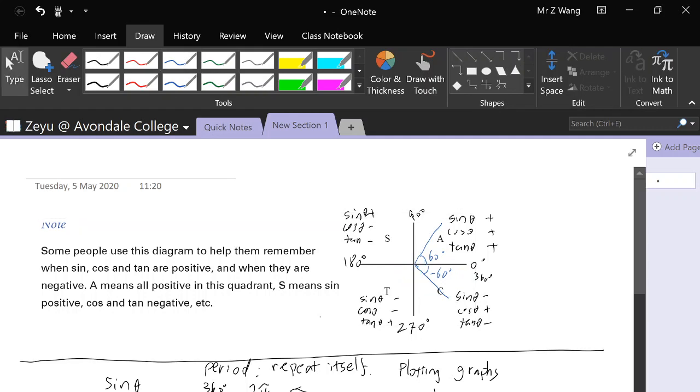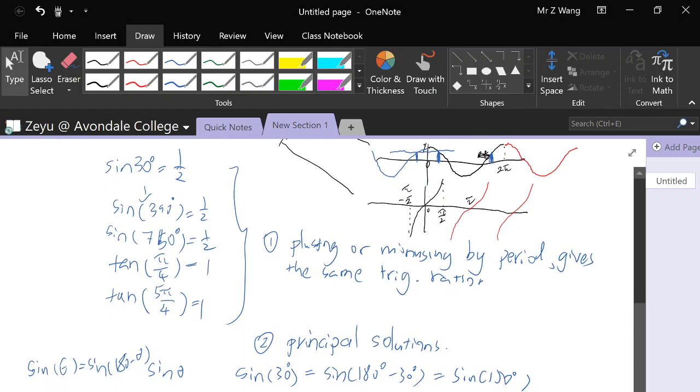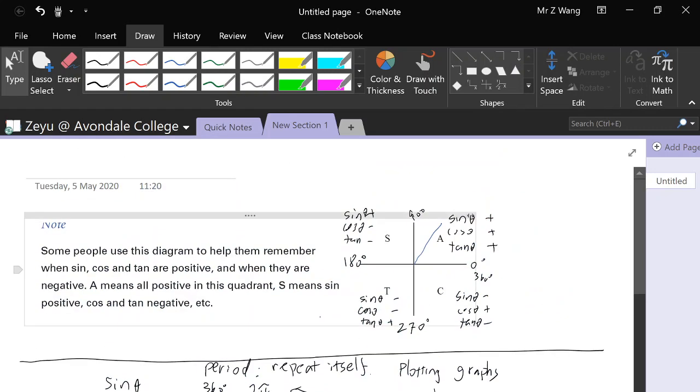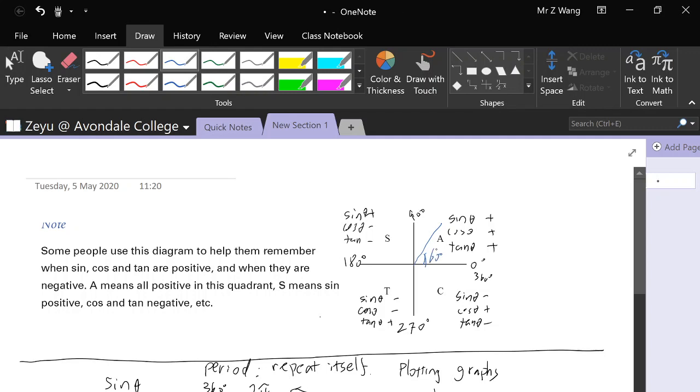But as you see, for sine and cosine, the solutions are in pairs. For tangent, let's see why this is the case. Let's say tangent 60. We know adding 180 will give the same tangent because it's the period.